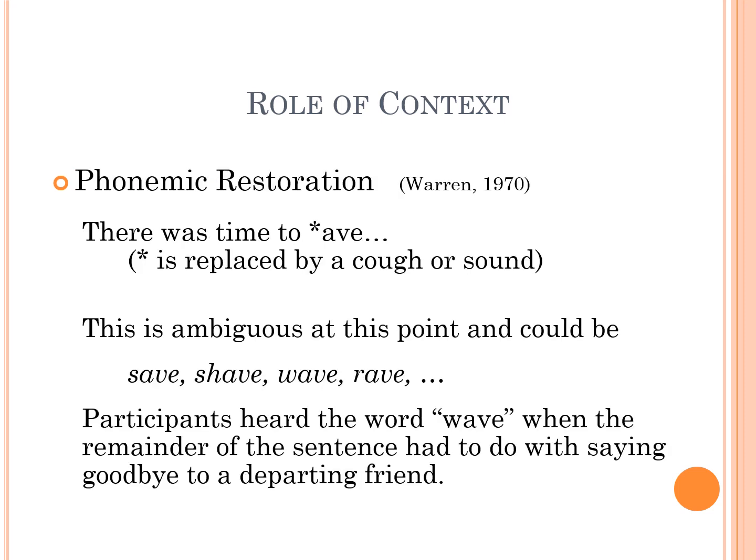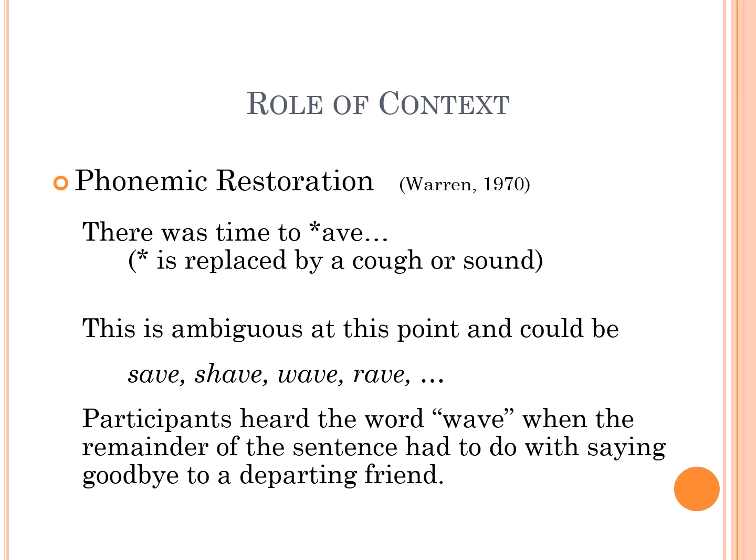One of the things the man does in that video is to have this ambiguity, where you're filling in the ambiguity. I actually heard it wrong. So if there was time to save, where the asterisk is a silence replaced by a cough or a broadband noise, this is ambiguous at this point, right? If there was time to ave, that could be save, shave, wave, rave.